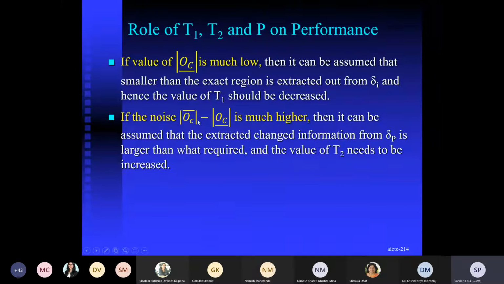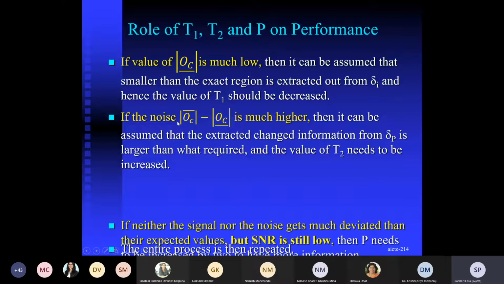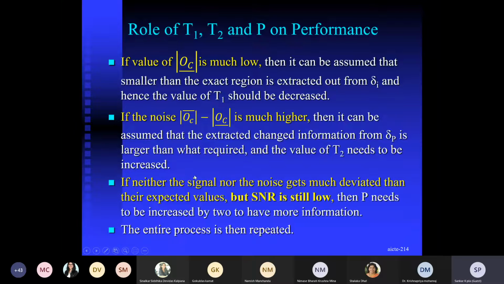Even after doing this, if the signal to noise ratio has not improved much, if neither the signal nor the noise has deviated much from their expected values, but the signal to noise is still low, then P needs to be increased by 2. If it is 3, make it 5. If it is 5, make it 7. You have to make it an odd number so that you can compute the median also.